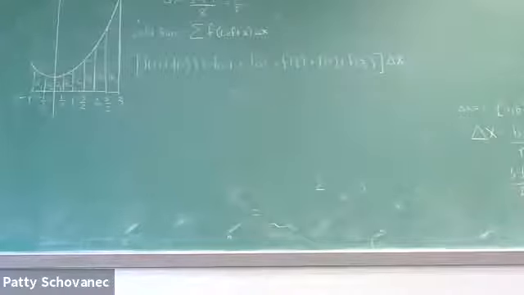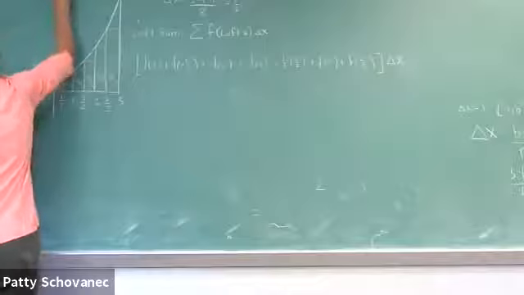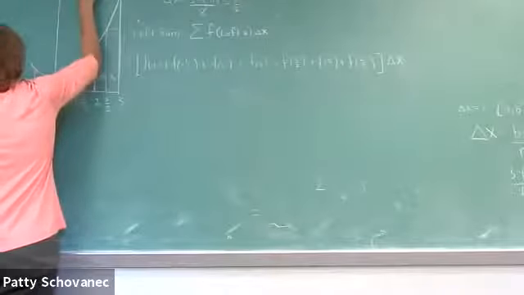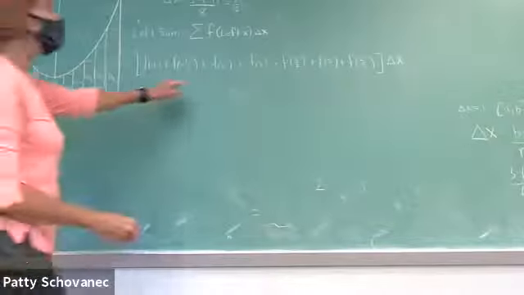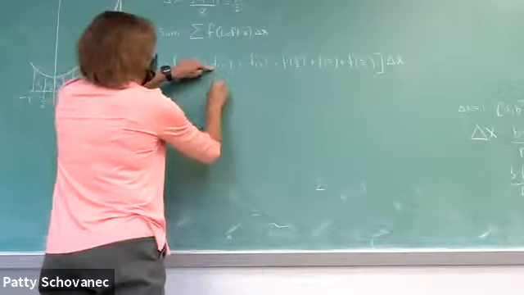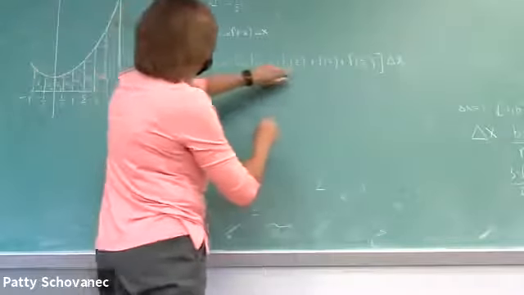Sound good? Okay, we get messier numbers because remember again, f of x is equal to 6x squared plus 2. I already have some of these numbers. Lucky me, I erased them. F of 0 was 2. Oops, I should have had a 1/2 in here. 1, 2, 3, 4, 5, 6, 7.